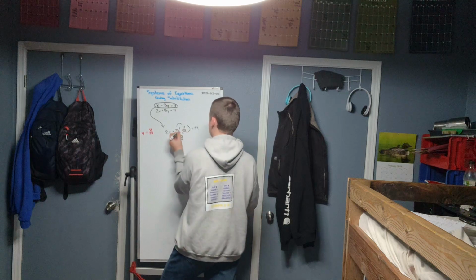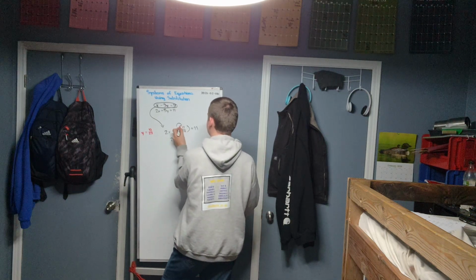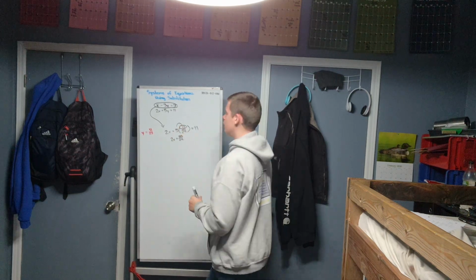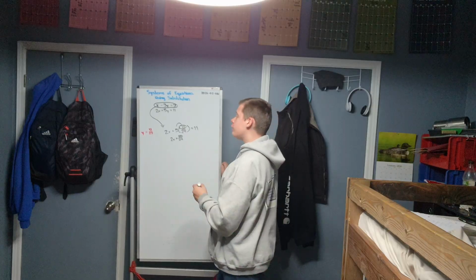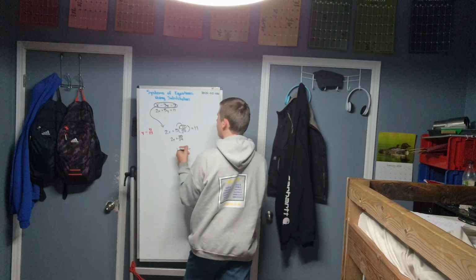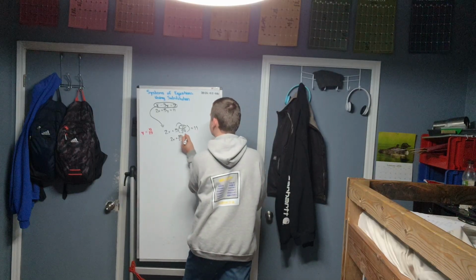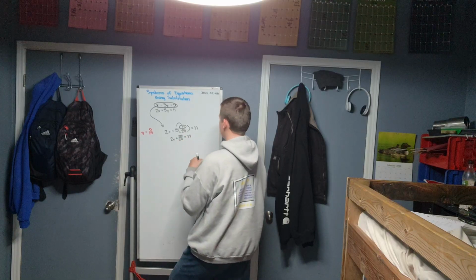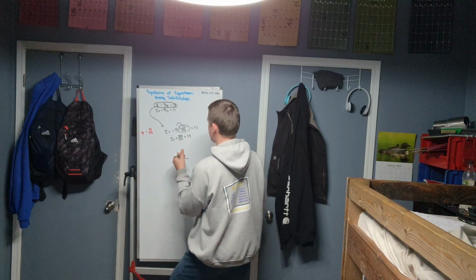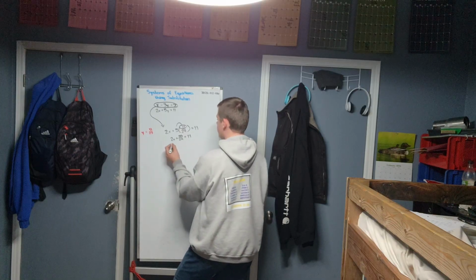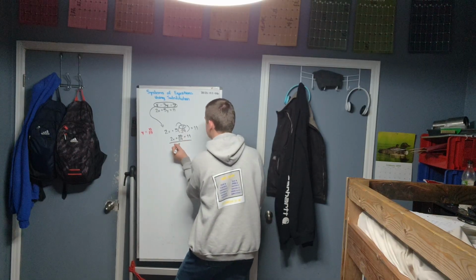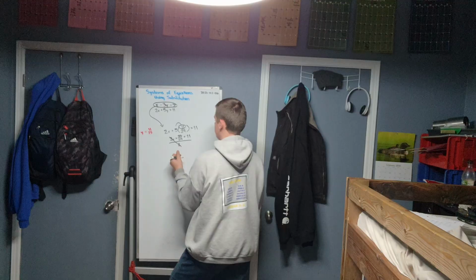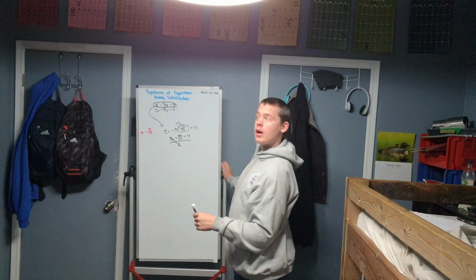So now we're only multiplying this number by this number. So 5 times 11 is 55. So 2x plus 55 over 29 equals 11. I might be wrong about this.